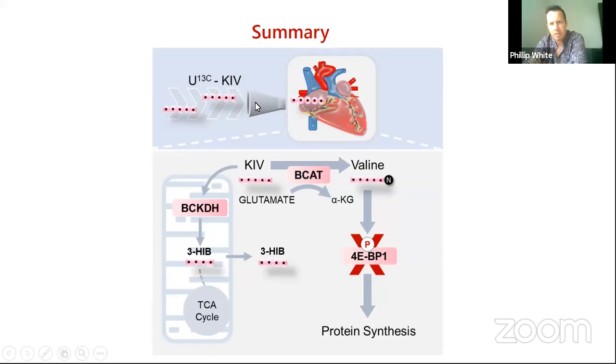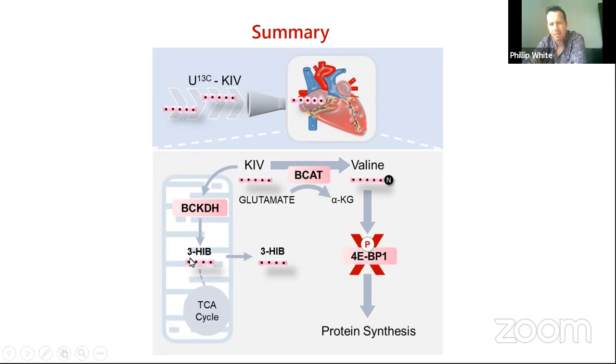So to summarize what I've just shared with you, we used a tracing approach using 13C KIV in isolated perfused hearts to identify that reamination of the keto acids to their branched-chain amino acids is actually the major fate of keto acids when they come into the heart. In fact, there's not a lot of oxidation that takes place, except if you activate BCKDH by inhibiting the kinase.